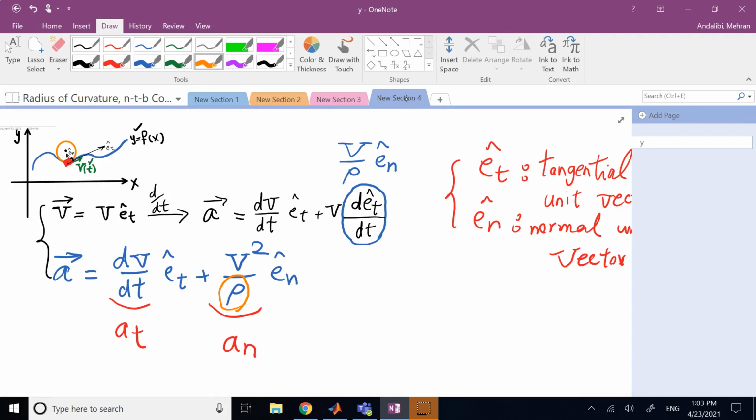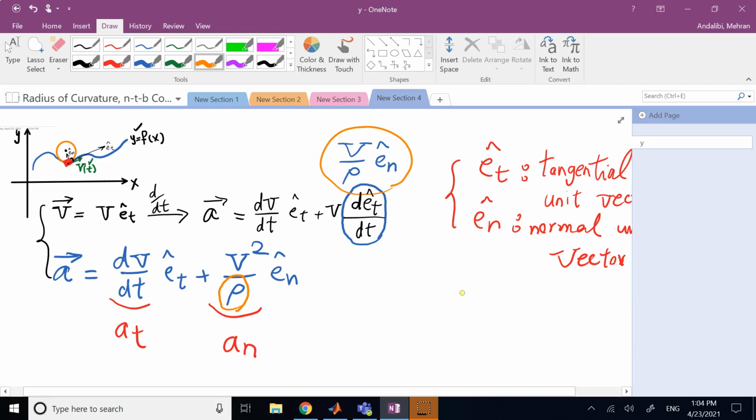Now, since I want to talk a little bit about the NTB coordinate here, I'm going to show you a few things. One is, where does this come from? The other one is, where is the binormal axis? I'll show you that as well.